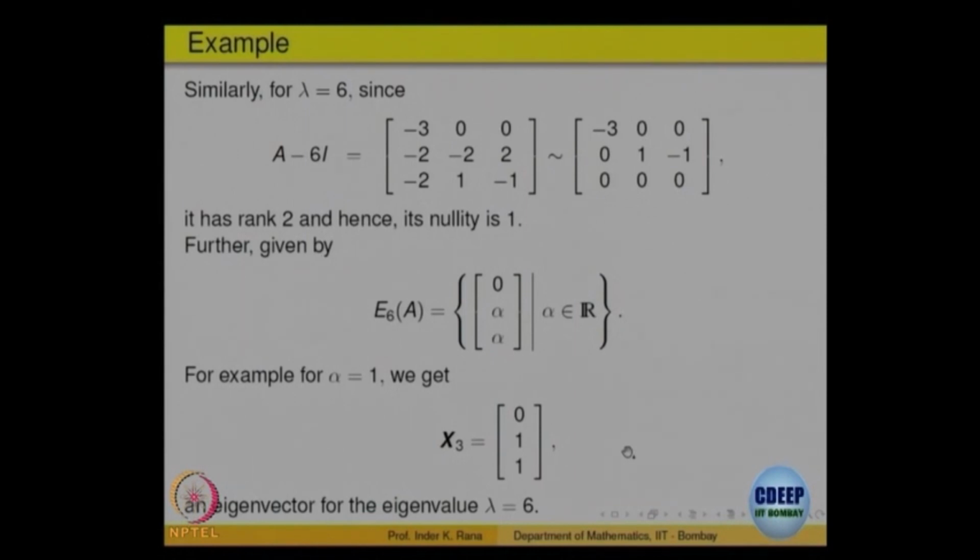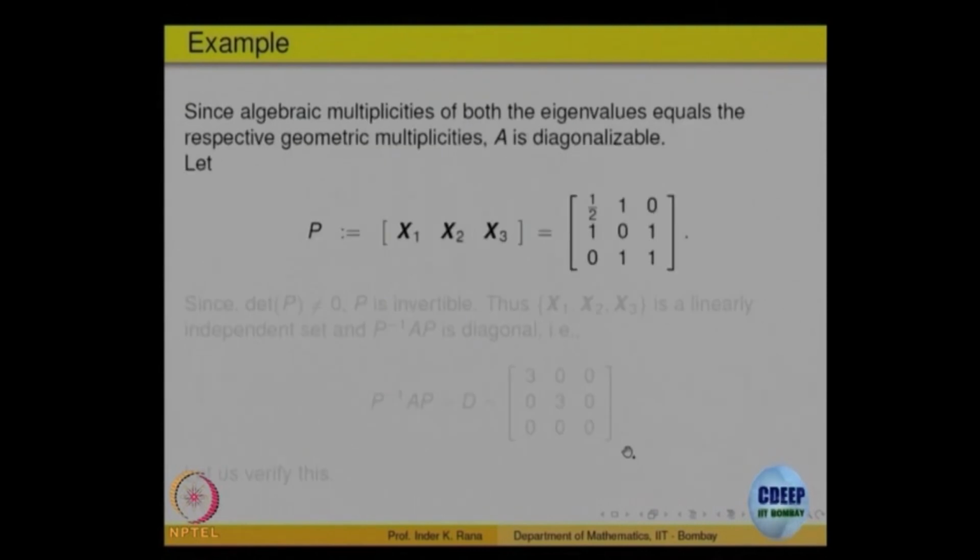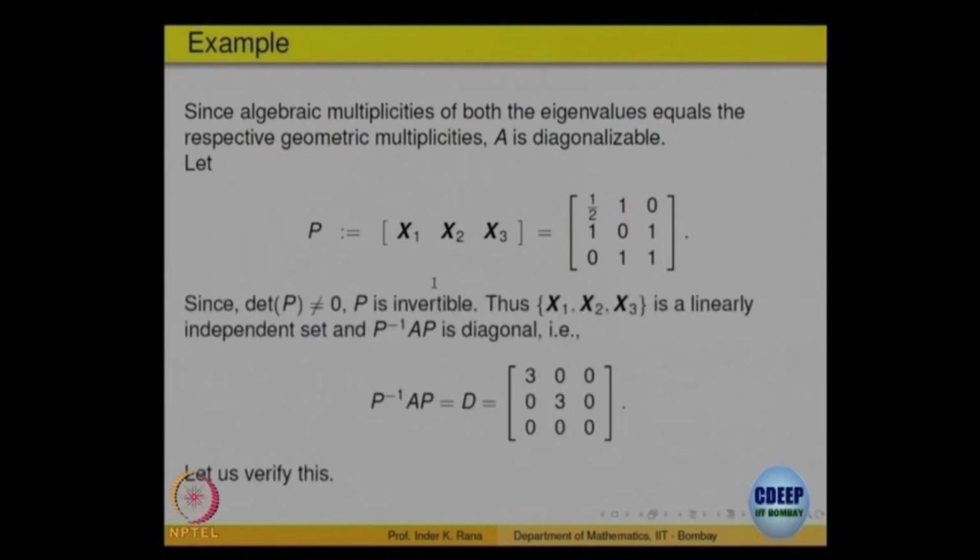Once that is obtained, we have got 3 eigenvectors corresponding to 2 eigenvalues, and they are all linearly independent. So we take the first eigenvector, the second and the third, put them together, and you get the matrix P. The determinant of this is not 0 because they are linearly independent, so it is invertible, and P inverse A P should be equal to the diagonal matrix. There is a mistake here, that should be 3, 3 and that should be 6, the third eigenvalue.